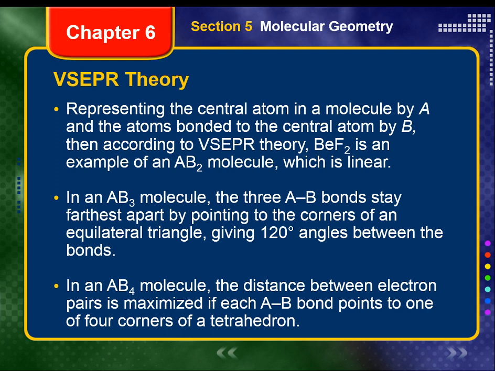Unlike AB2 and AB3 molecules, the central atoms in the AB4 molecules follow the octet rule by sharing 4 electron pairs with the B atoms, the surrounding atoms. The distance between electron pairs is maximized if each A to B bond points to one of 4 corners of a tetrahedron.